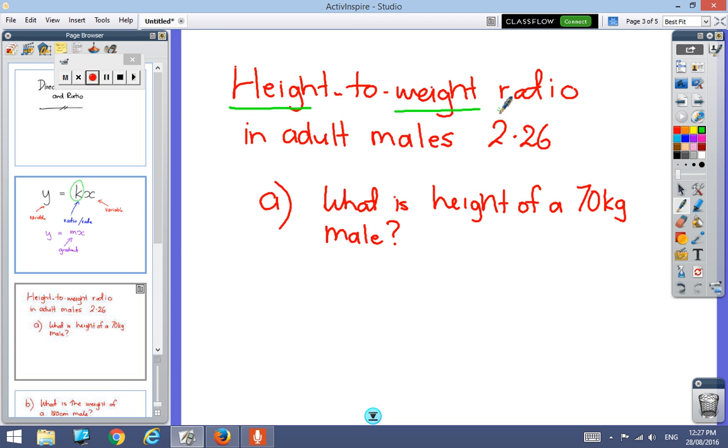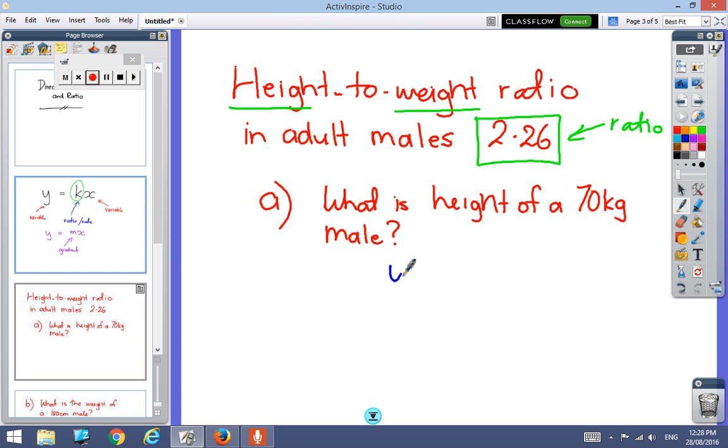So this is our ratio, and it indicates the relationship between height and weight. So the question is, what is the height of a 70-kilo male, knowing that 2.26 indicates the relationship?